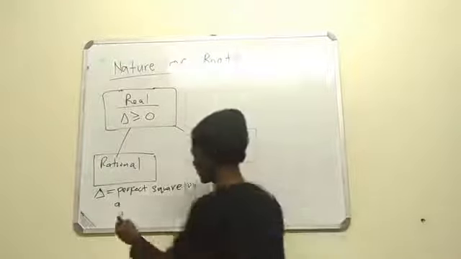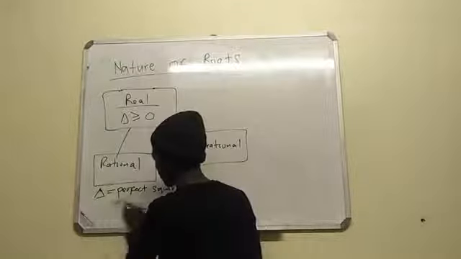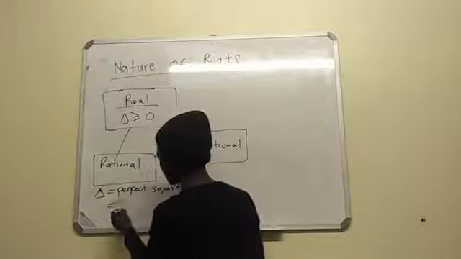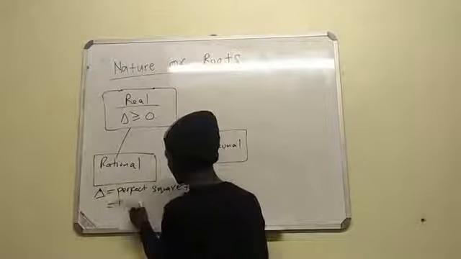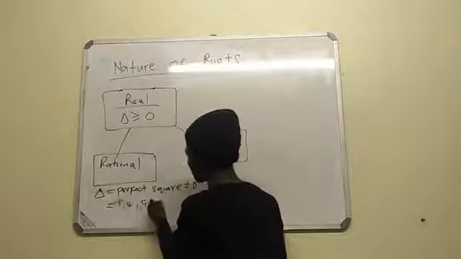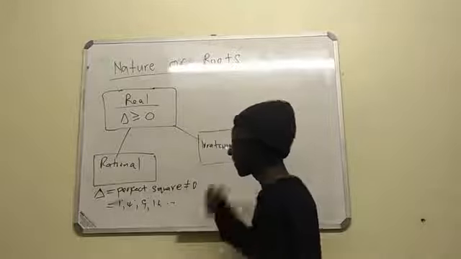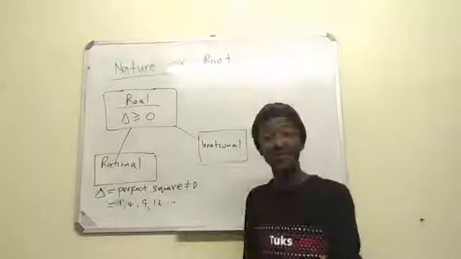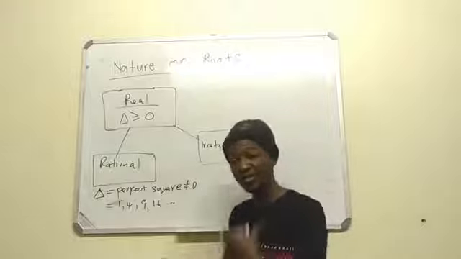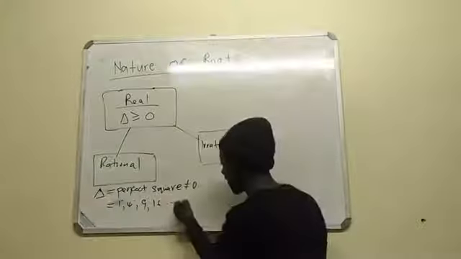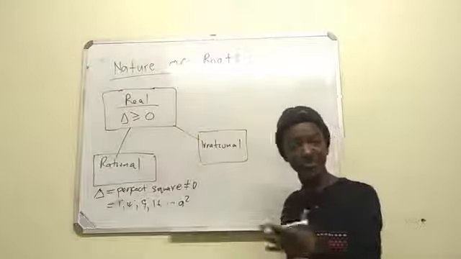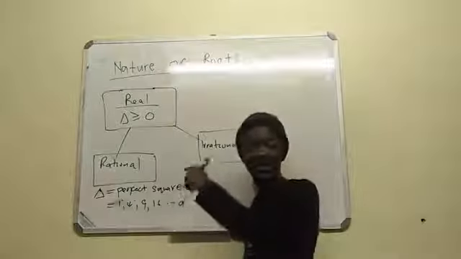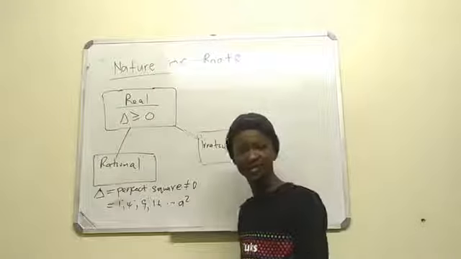Our perfect squares can be 1, 4, 9, 16, and so on. But we can also write them in alphabets. For example, a squared is a perfect square, because the square root of a squared is a.